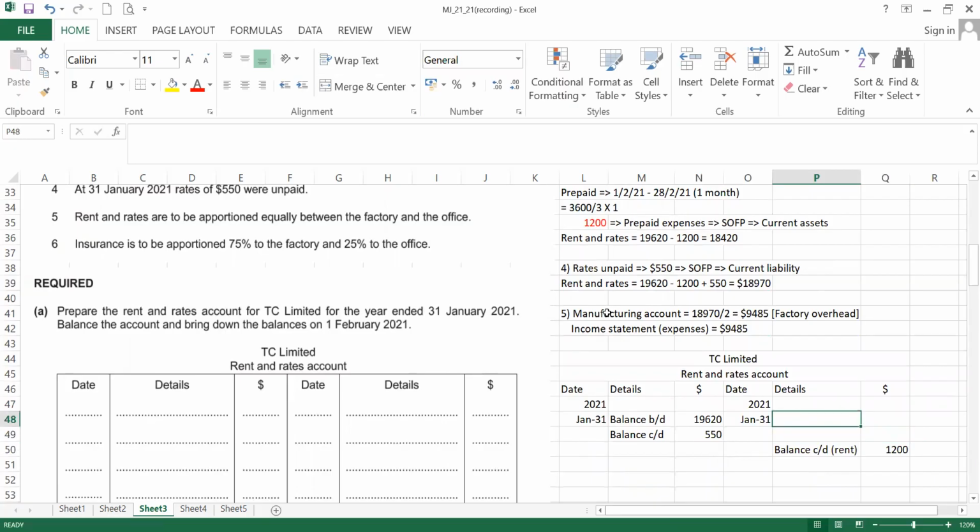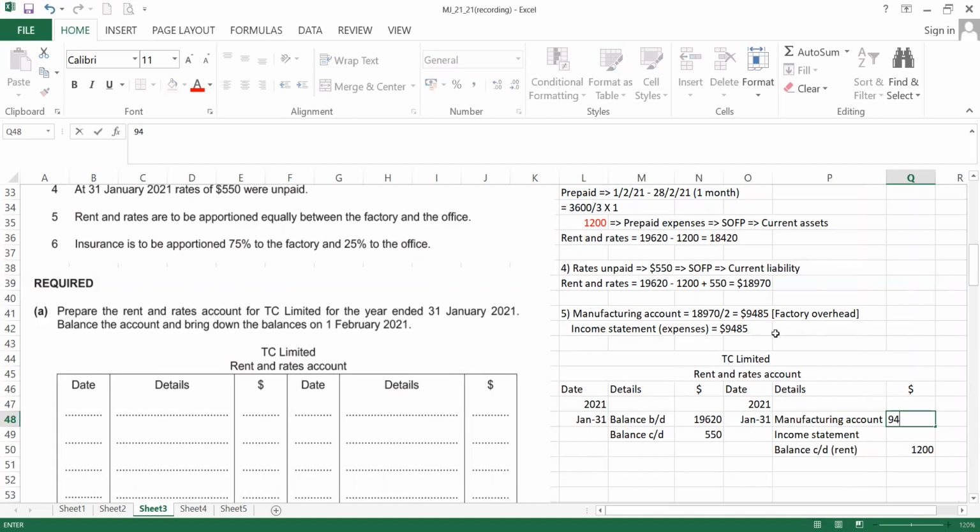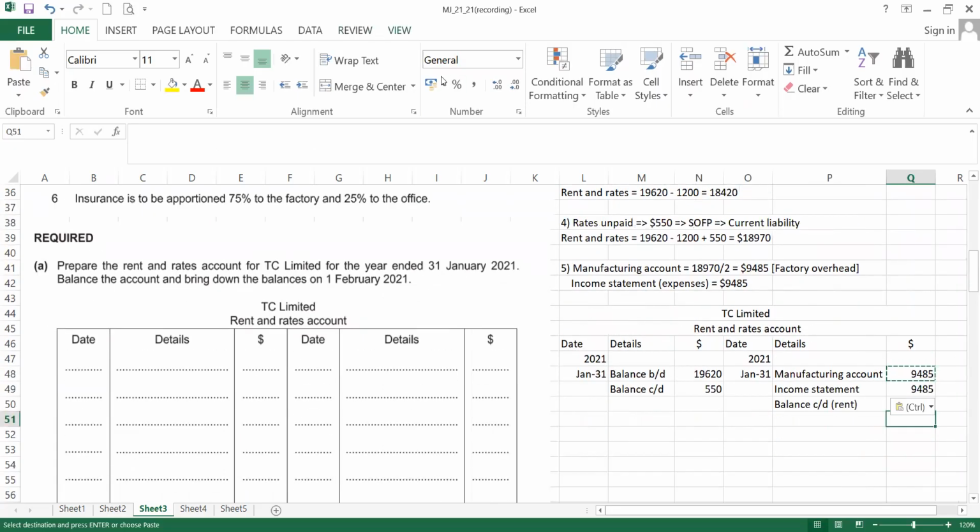One goes to the manufacturing account, another goes to the income statement. So we have to split it up and go to different sections. Here 9485 and also 9485. So this is the amount that we calculated. So we subtotal, it will get back the same amount.